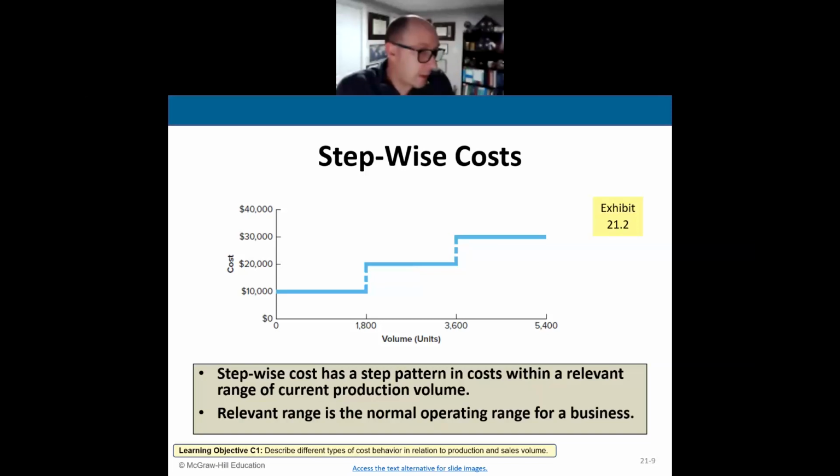AT&T says, once Dr. B uses the 3 gigabytes on his plan, there's an increased charge of $10 for the next 1 gigabyte. Once I use that, there's another increase of another $10 for another gigabyte, and so on. That's an example of a stepwise cost. See, real life example. That's stepwise.